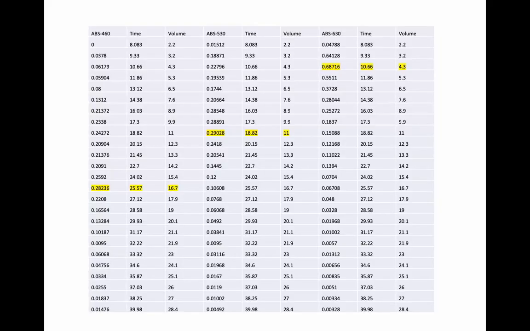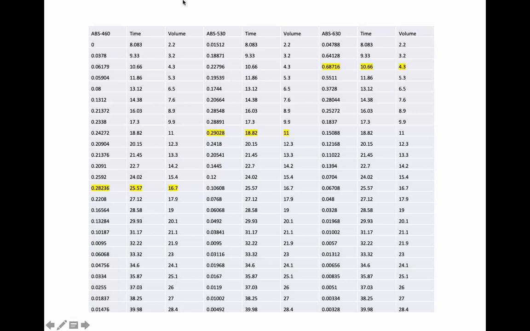So you're going to end up with a table like this one, where you have the absorbance at 460 for one of the compounds, the absorbance at 530 for another compound, and the absorbance at 630 for another one of the compounds. Each row corresponds to one of the test tubes that you have collected. This is the time at which each test tube was collected and recorded. This is the cumulative volume that has passed through.